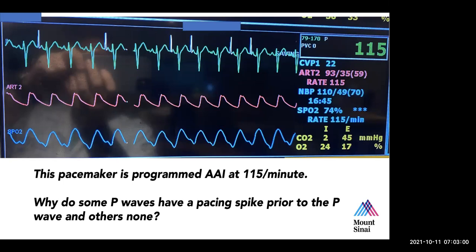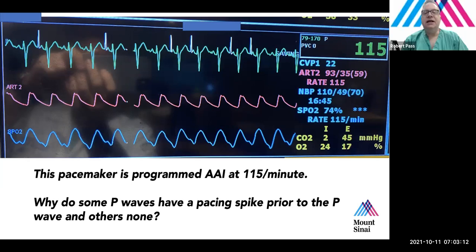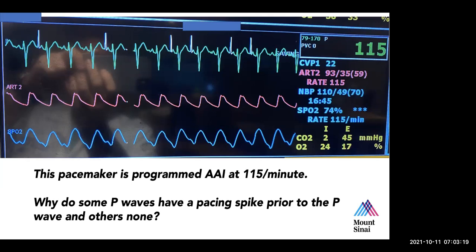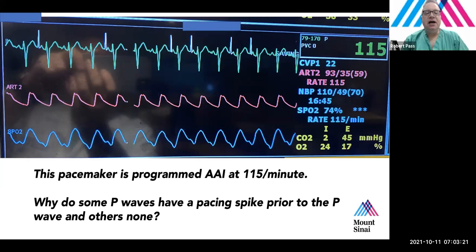Maybe the settings of the monitor don't allow it to show all of the spikes, although it is paced. It's just we don't see every spike on the monitor. That's exactly right, and this is the point I wanted to make, and I made this point last week to Tarek: our ICU and many ICUs have a modality on their monitor called Pacemaker Mode.